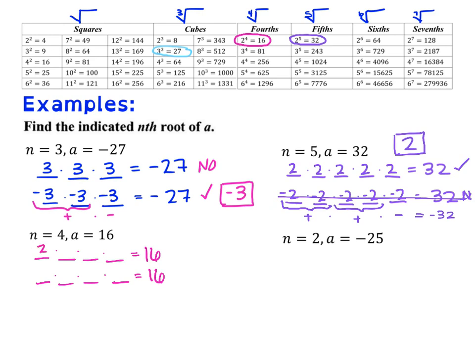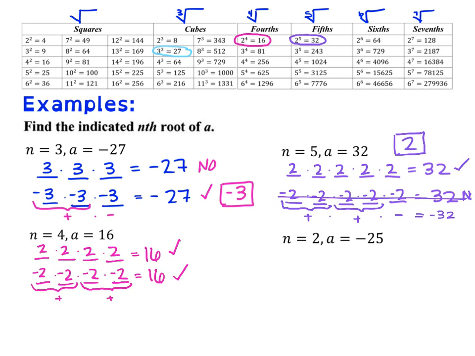What about 2 times 2 times 2 times 2? What about negative 2 times negative 2 times negative 2 times negative 2? 2 times 2 is 4, times 2 is 8, times 2 is 16. That one works. Negative 2 times negative 2 is positive 4, and negative 2 times negative 2 again is positive 4, and positive 4 times positive 4 is 16. So this time both of those work.